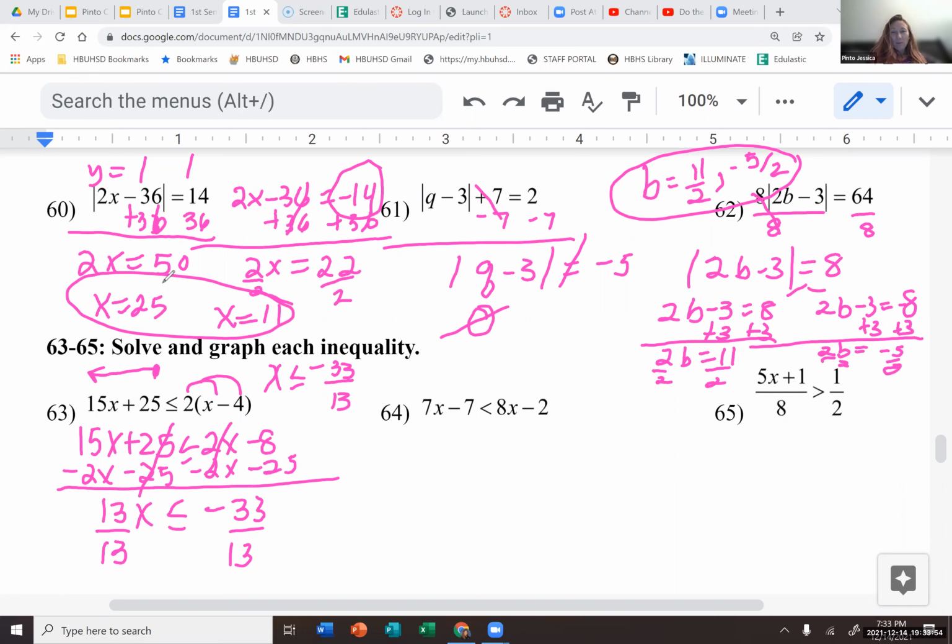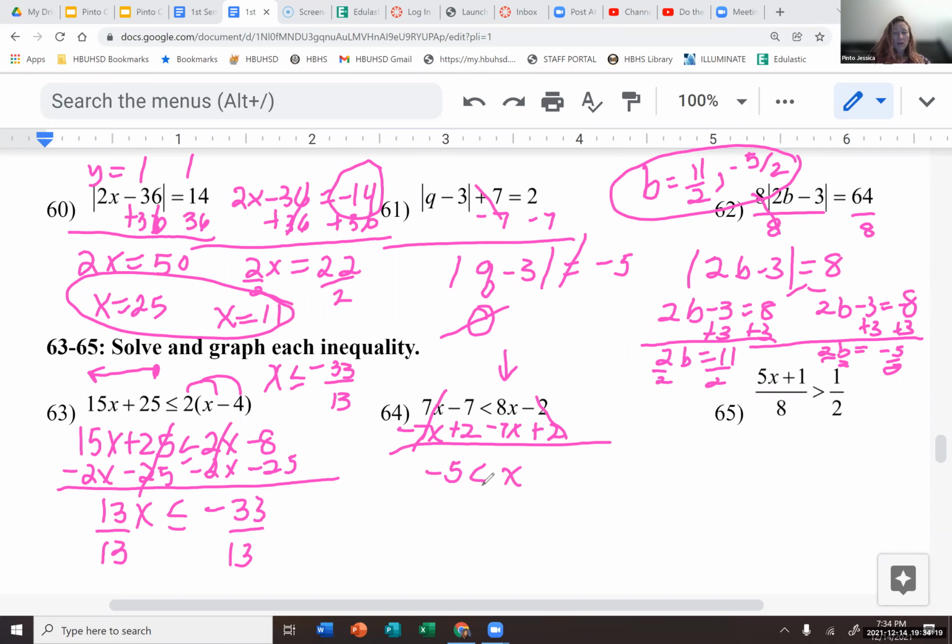All right, looking at number 64, I'm going to do the same type of work, but here on this side, the 8 is more x's, so I'm going to subtract 7x on both sides. Since I'm canceling out the x's on the left side, I want all the numbers there, so I'm going to add 2 at the same time. That's going to give me negative 7 plus 2, negative 5 is less than x.